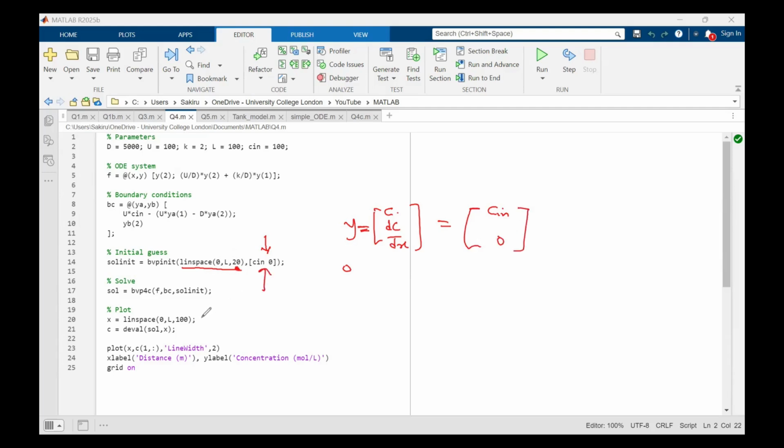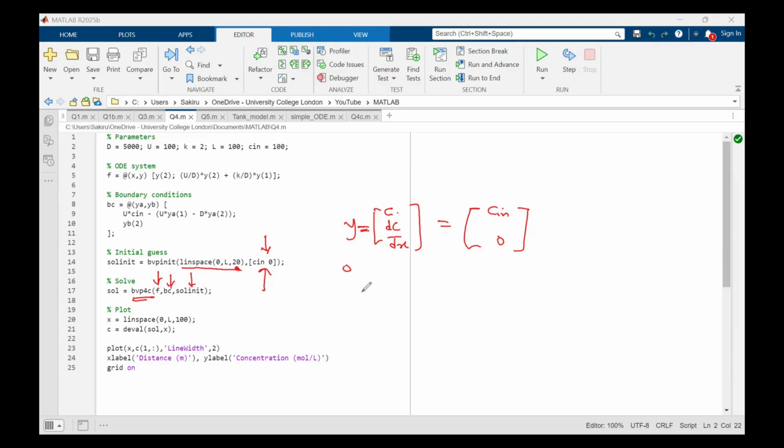Okay. And then we solve it by calling the solver bvp4c. This is one of the solvers that you can use. Specify the function, the boundary condition, and the initial condition. So when you solve it, note that for boundary value problems, you first need to solve the problem and make sure that it converges before you can then evaluate that solution at the specific point that you want.